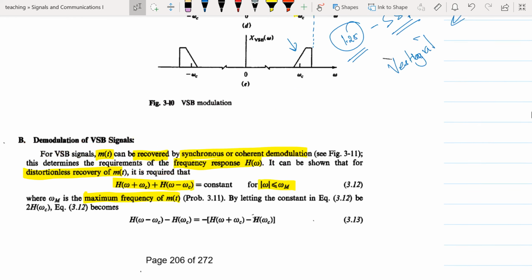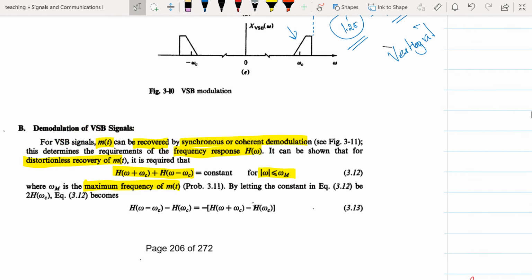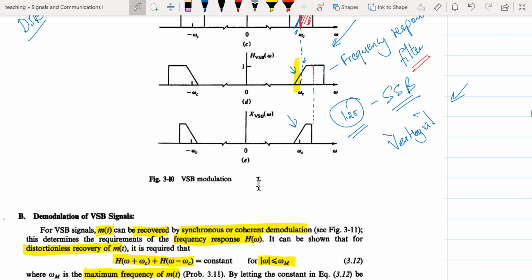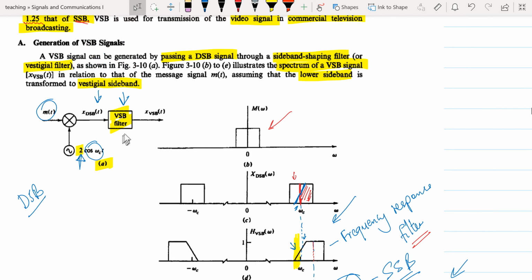So this would, of course, work if we are working with the DSB. But now, for us to work with VSB, we are passing it through a filter that is cutting off a portion of the upper sideband and a portion of the lower sideband. Of course, the bigger portion of the upper sideband and a very small portion of the lower sideband.